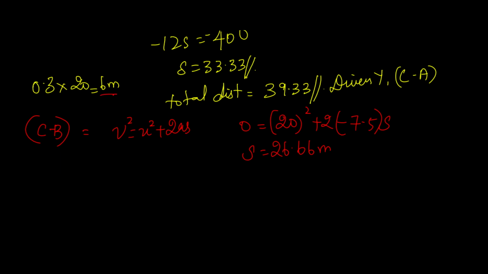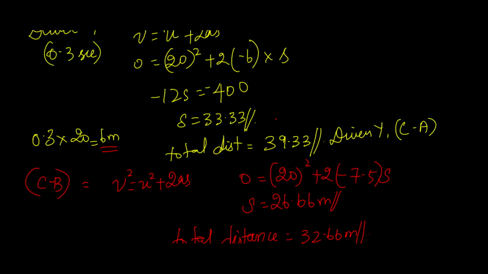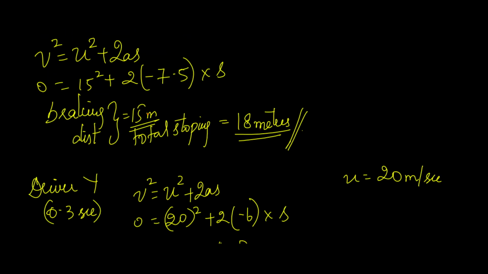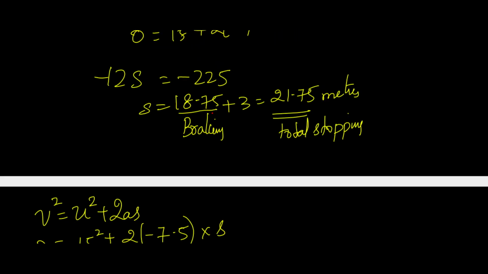The reaction time travel is 6 meters. So the total distance is 26.66 plus 6, 32.66 meters. With this we have solved the problem. At the start we said we are going to have 8 unknowns: 1, 2, 3, 4, 5, 6, 7, 8. So we have solved this problem.